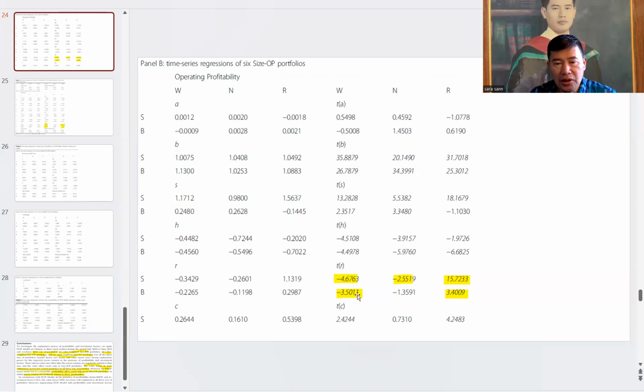Okay, so we have 5 significant, but look at the result. Which ones are positive? Only one here is positive. We're talking about profitability, only one positive, okay? 2, W and O, yes, weak minus robust. So only one over here is significant.